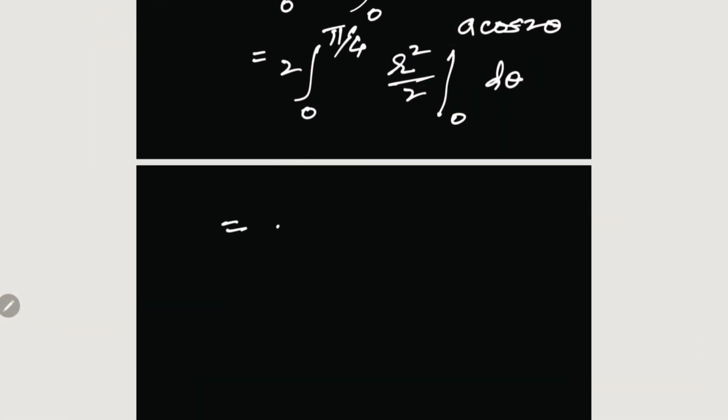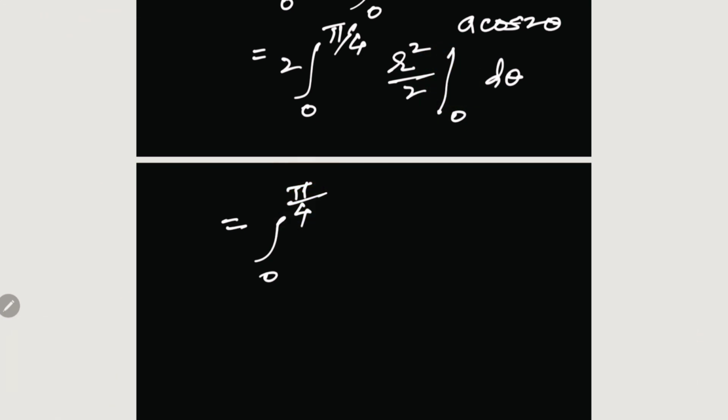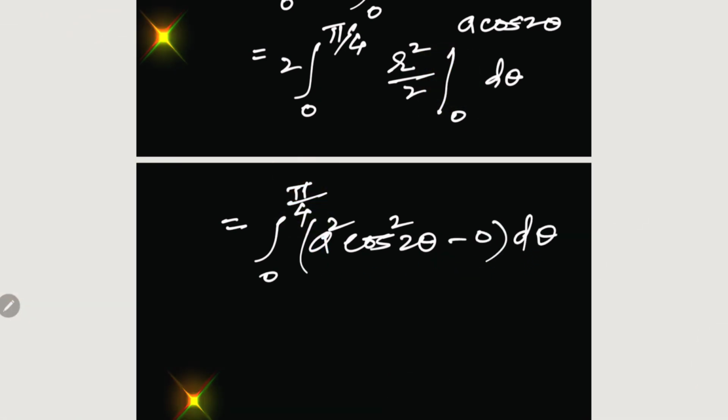We get integration from 0 to pi by 4. Subtracting the upper and lower limit, the upper limit becomes a cos 2 theta whole square, which means a square cos square 2 theta, minus the lower limit 0, and then its integration with respect to theta.